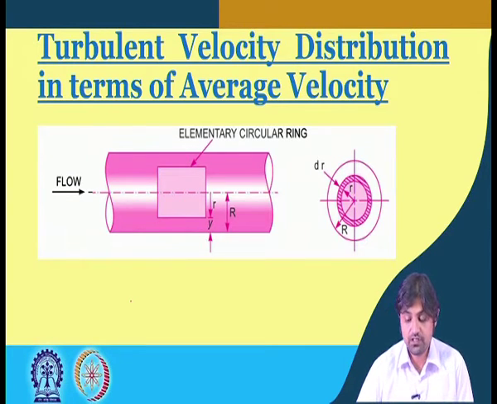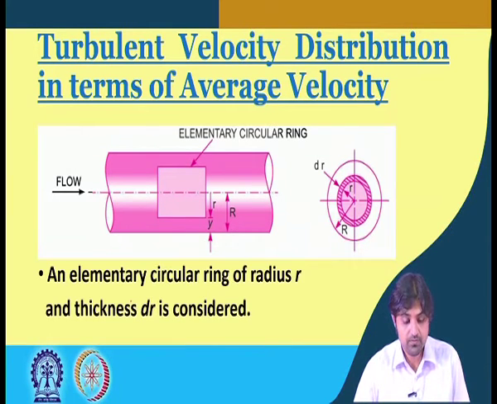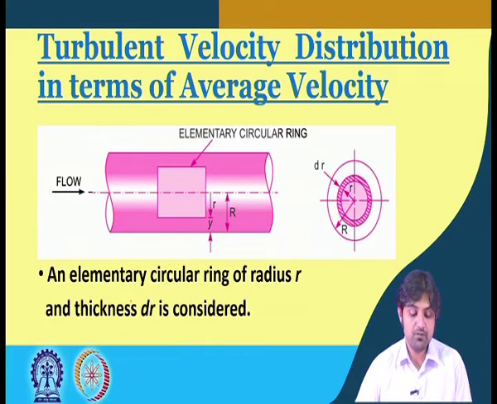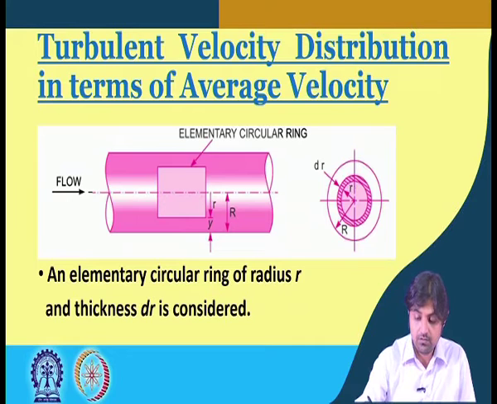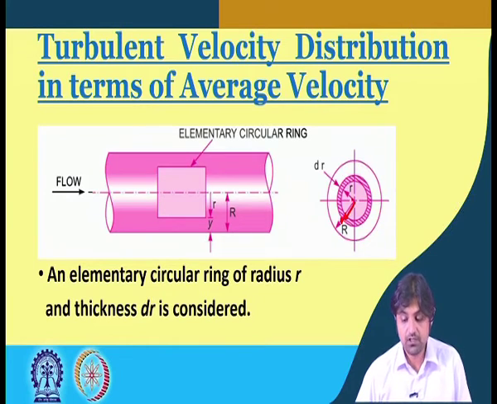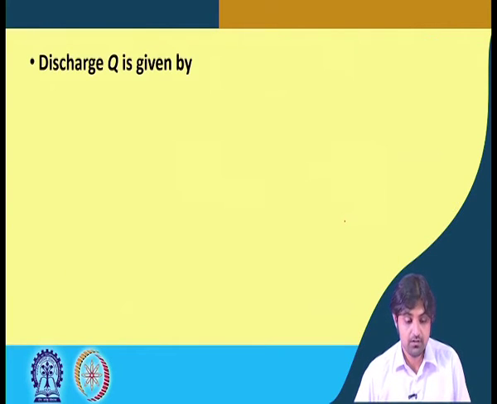This is of radius r. Okay. So, we have an elementary circular ring of radius small r and thickness dr, that is what we have considered.